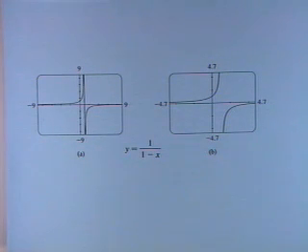Let me relate this to what we're going to be doing in calculus. We've already talked about slopes of tangent lines. If we look at a function like this and we want to talk about the slope of the tangent line, we would want to take a picture like this.